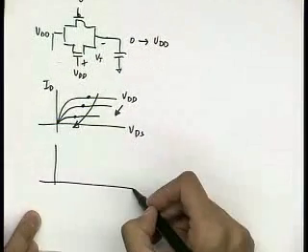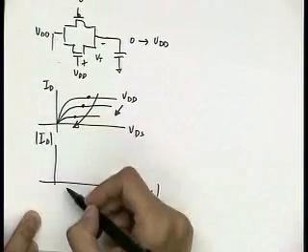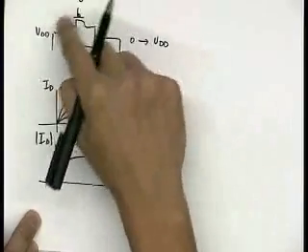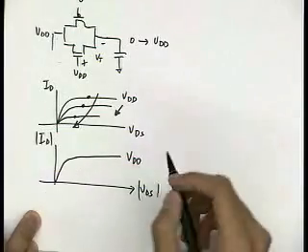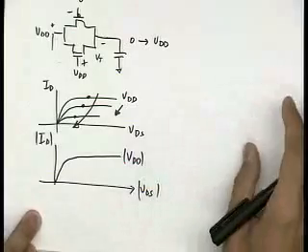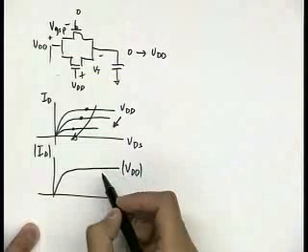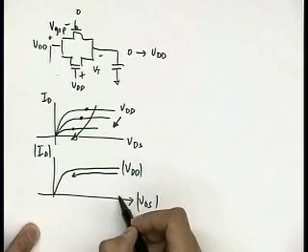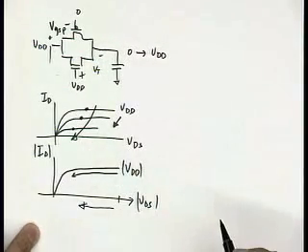While for the PMOS, what happens? This is always a negative voltage, so you have VDD as my VGS, the VGS for the PMOS, and then it goes into saturation. As I increase the input, I'm decreasing the VDS of my PMOS.